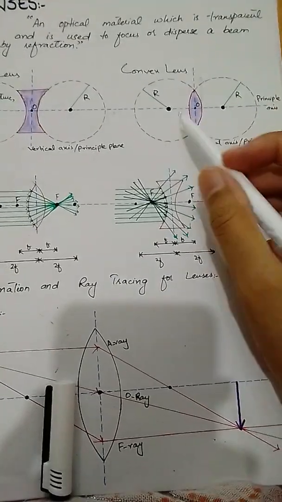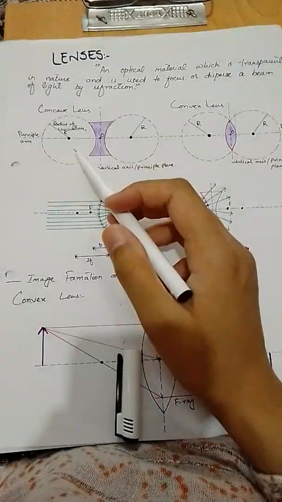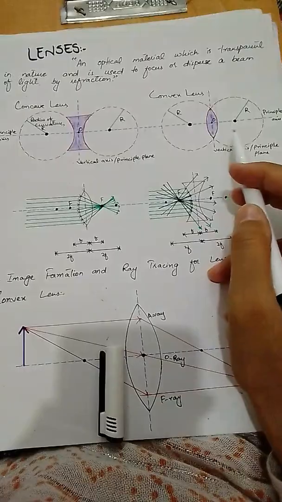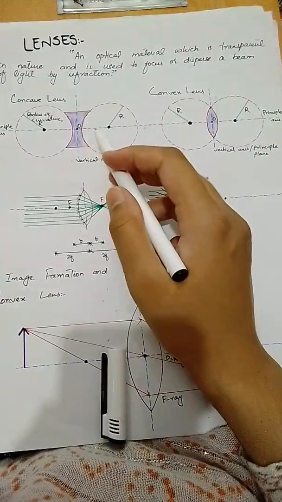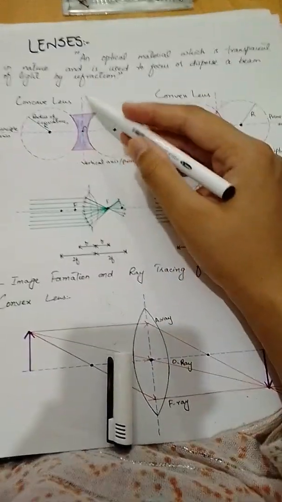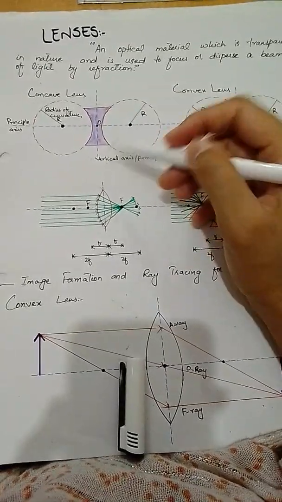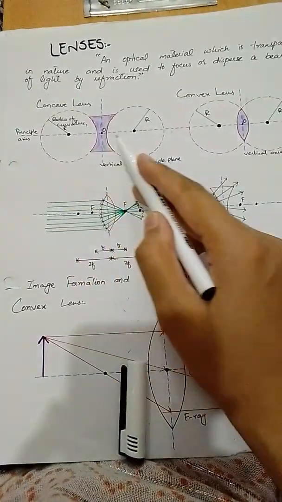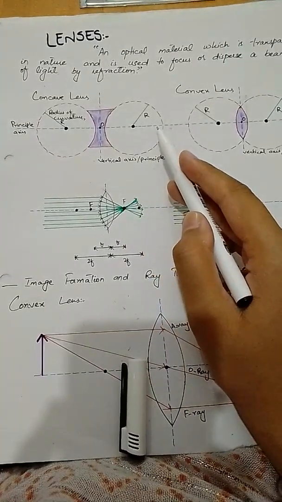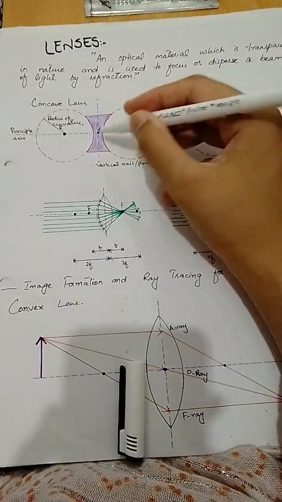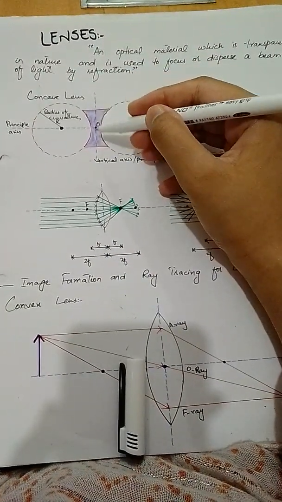This is the radius again. Now the difference is that along with the principal axis, the same axis that we discussed in the case of mirrors, here we've got another axis. The principal axis was basically a line traveling through the centers, but in this case this is a plane.